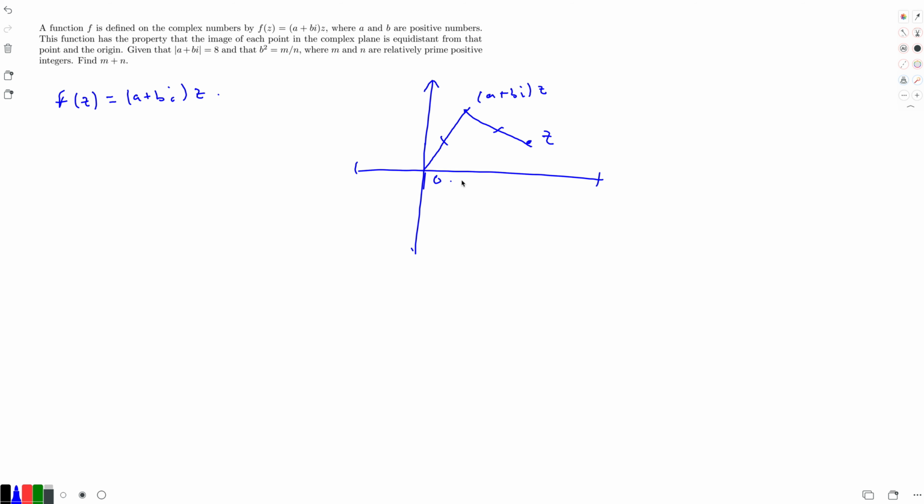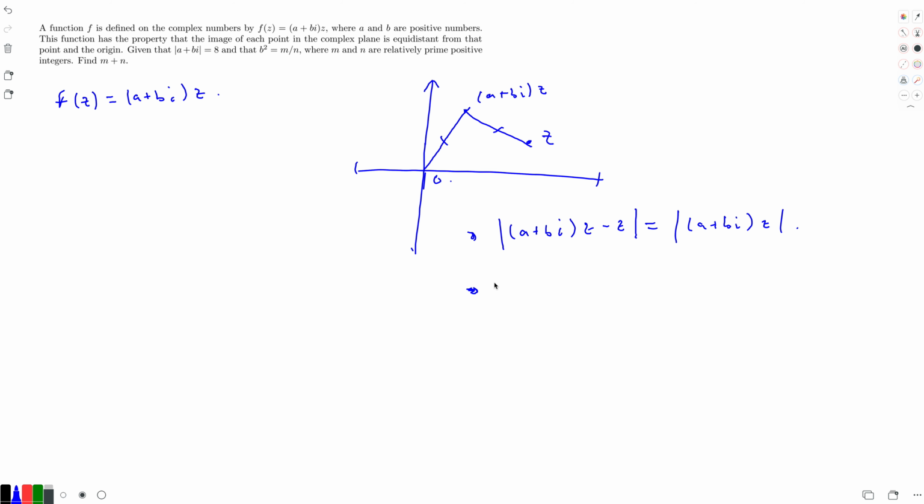Okay, so now let's use the property. It says that they are equidistant, meaning that the distance is the same. So let's write this as the modulus of (a plus bi) z minus z, and this will simply equal the modulus of (a plus bi) z. Now let's do some more work.